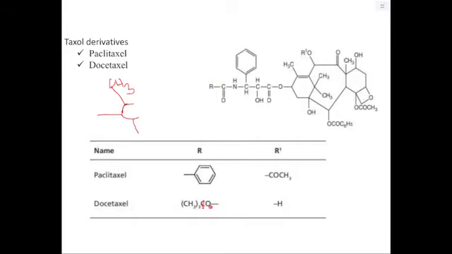So that resultant group is actually an ether. Docetaxel has a tert butyl ether at that position, because this CH3 cannot float. So it has an ether at that position, and at this position it has a hydrogen. So that is the main difference between those two.